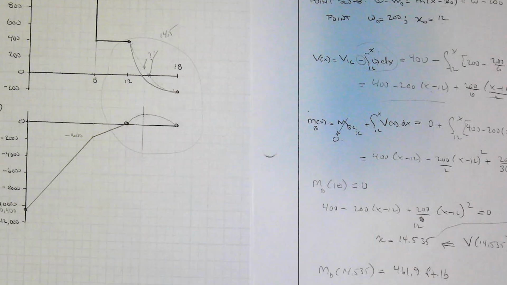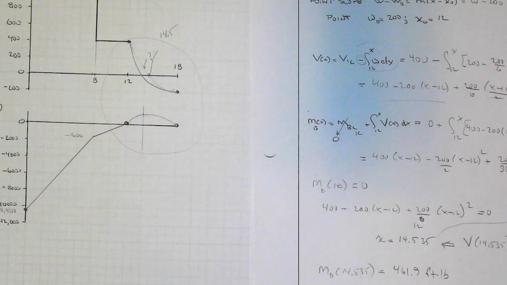All right. So our point that we started from right here, look where we are, 12 meters out, 200 Newton per meter distributed load. Okay, so put that into an equation. Well, very simple. So where's our first point? So we have omega minus 200 equals, okay, slope.